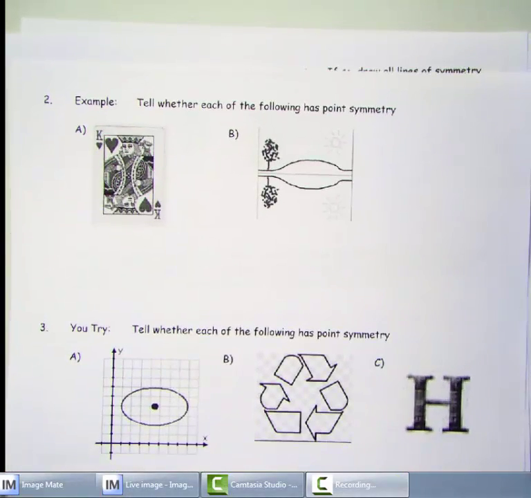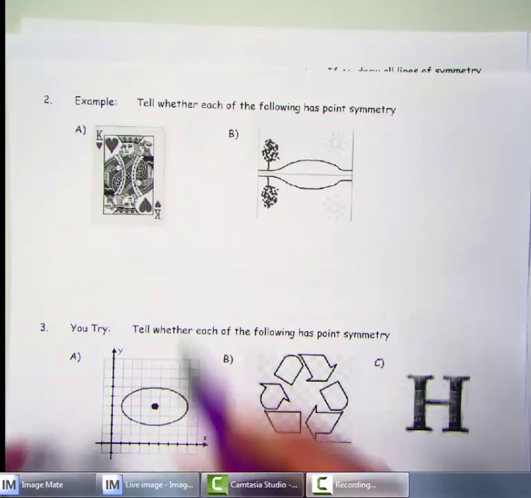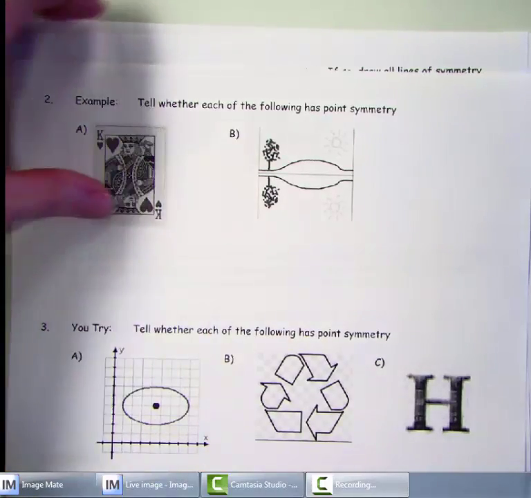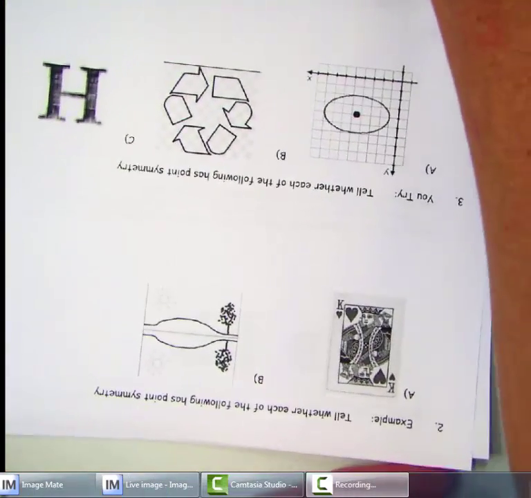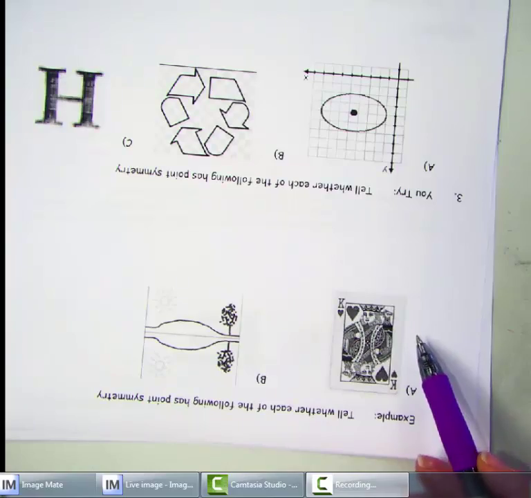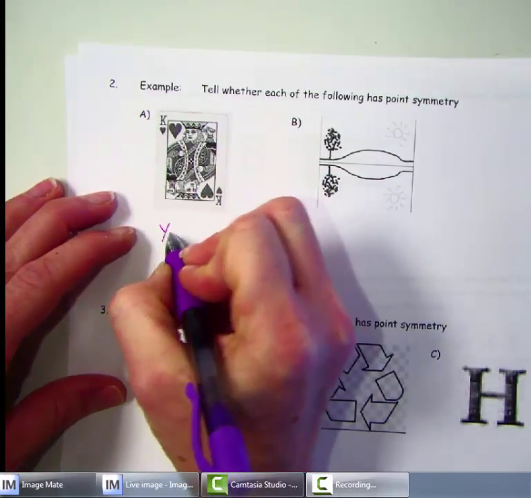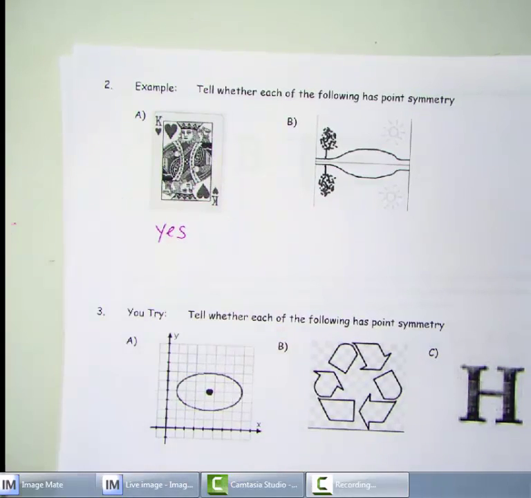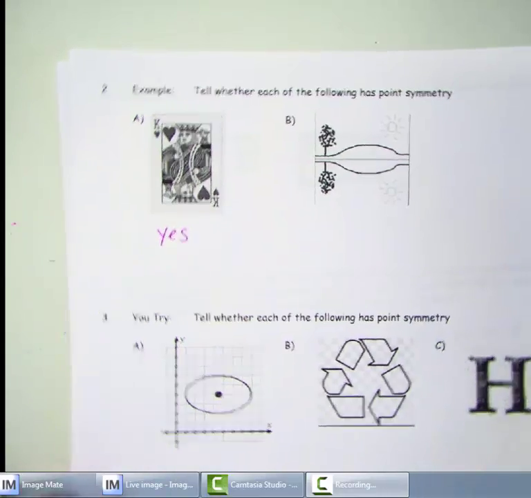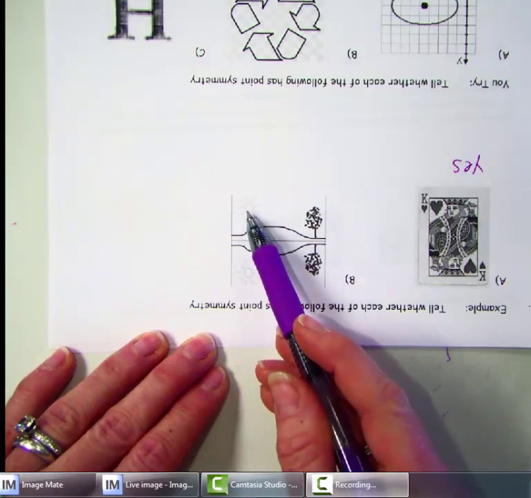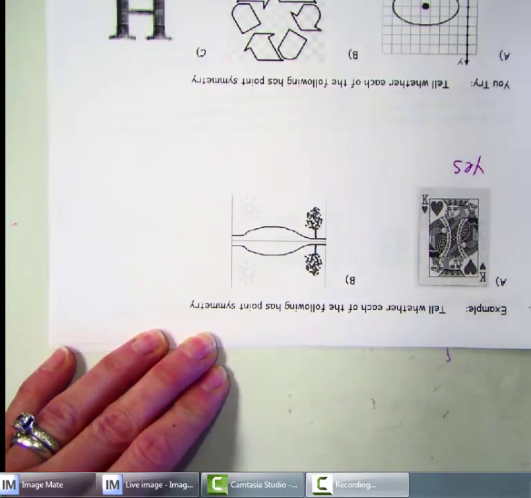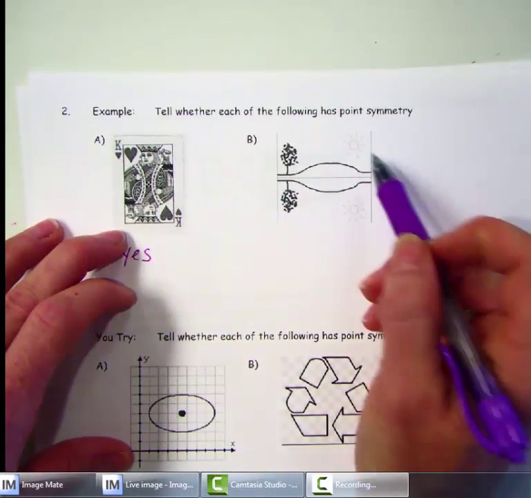Tell whether each of the following has point symmetry. So if I take this figure and rotate it 180 degrees, if it looks exactly the same, then it has point symmetry. So yes, this card has point symmetry. If I look at example B, if I rotate it 180 degrees, I want you to notice that the sun is on the left-hand side, and over here it's on the right-hand side.